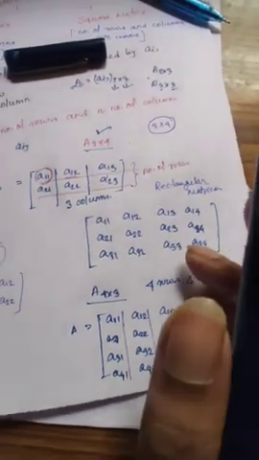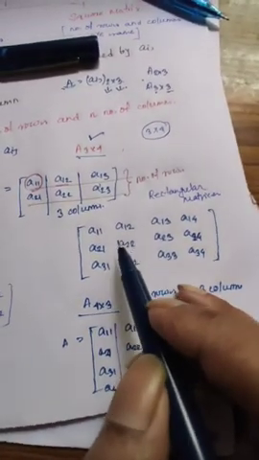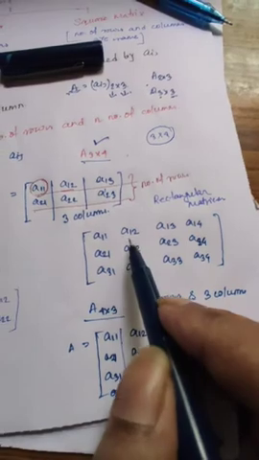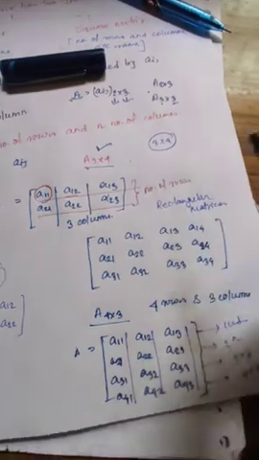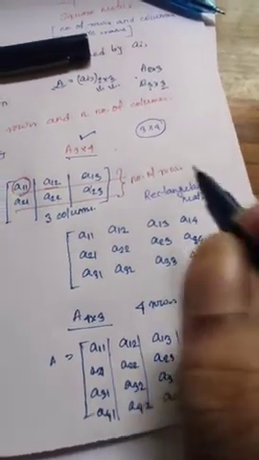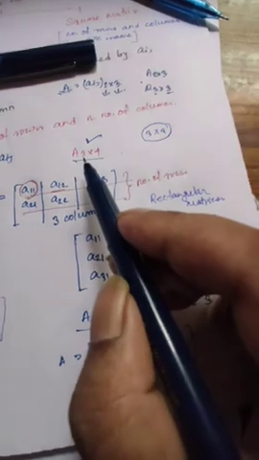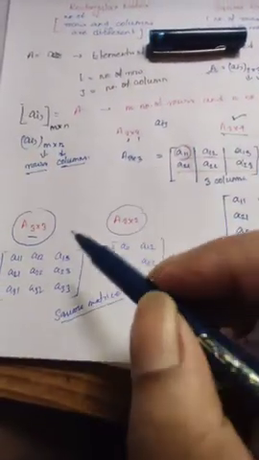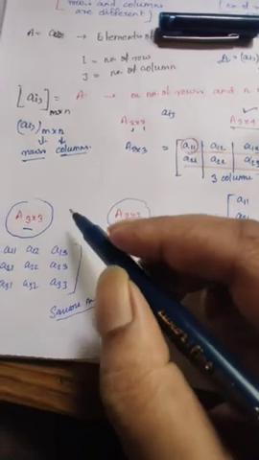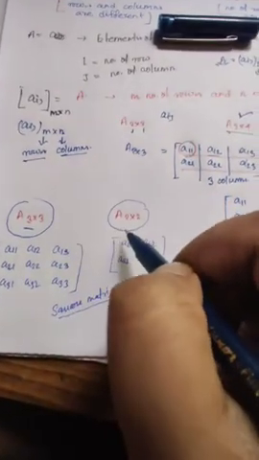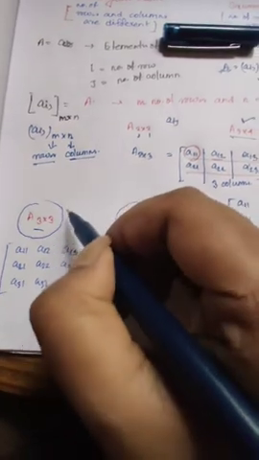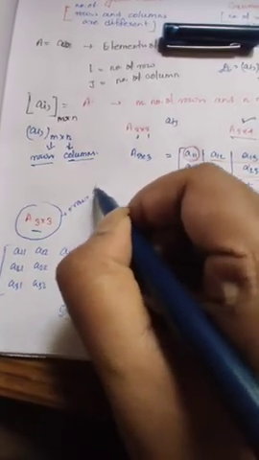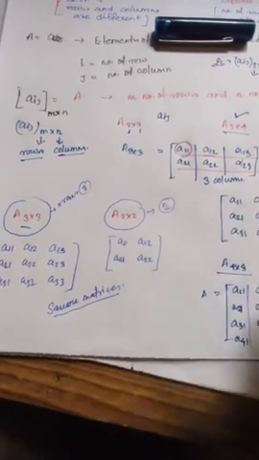The rectangular 3 cross 4 matrix contains a total of 12 elements, which is the product of the number of rows and columns. For square matrices, since the number of rows and columns are the same, we can say A is a matrix of order 3 and A is a matrix of order 2.